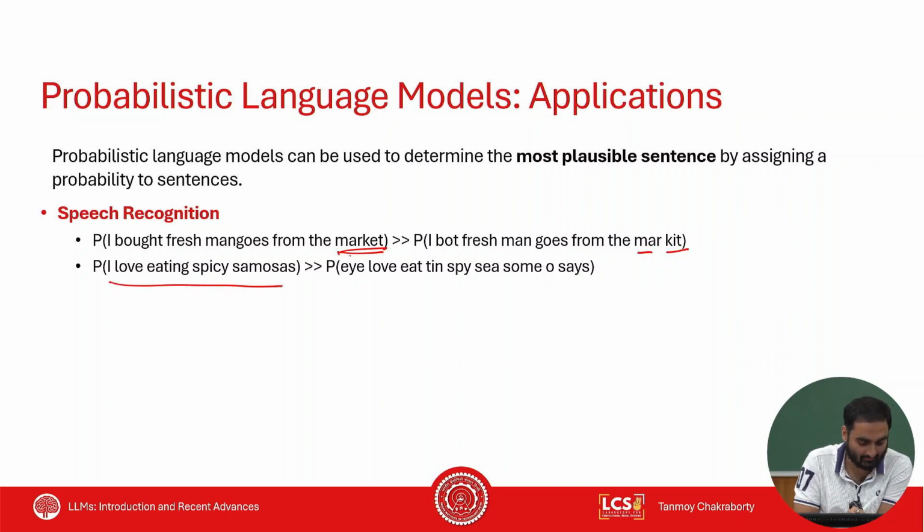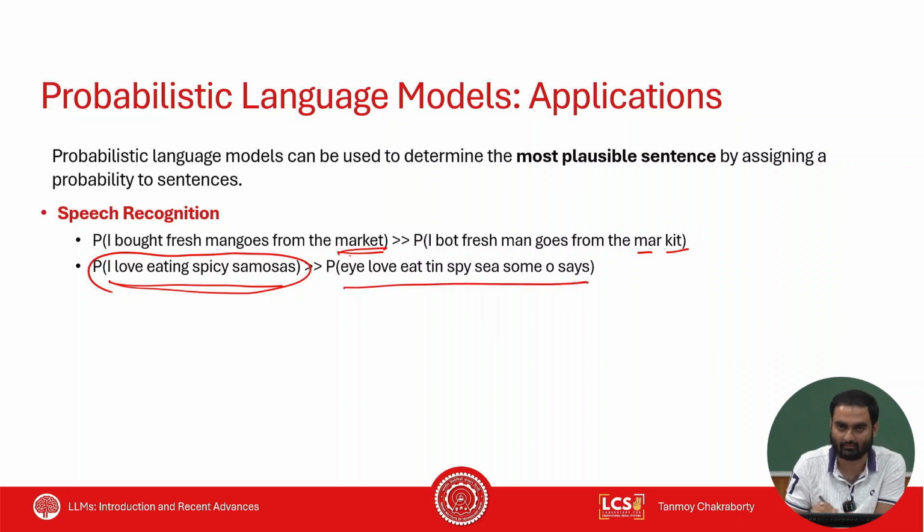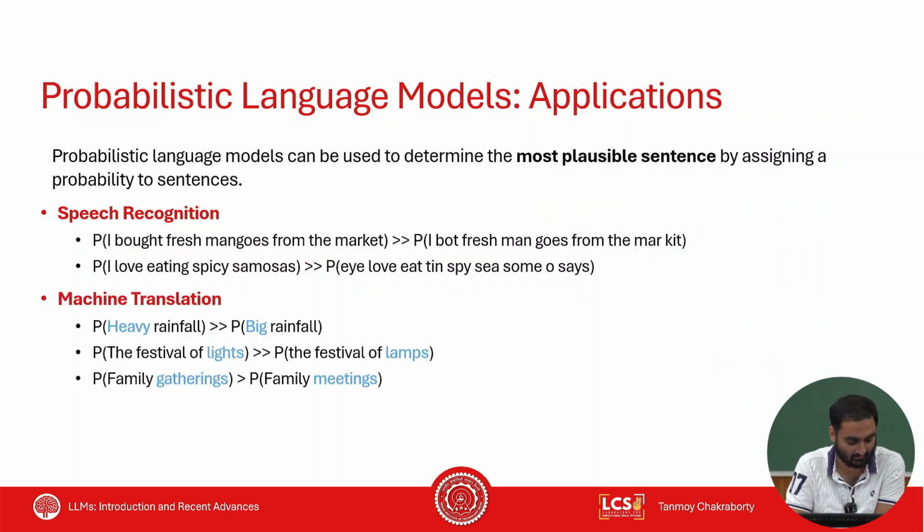Or let's say you have this sentence, I love eating spicy samosa, you can translate it to I love eating spicy samosas, says, right? Something like that. So if you have a language model, it will say that the probability of this sentence is higher than the probability of this sentence, right? And that information can basically be useful for speech to text translation.